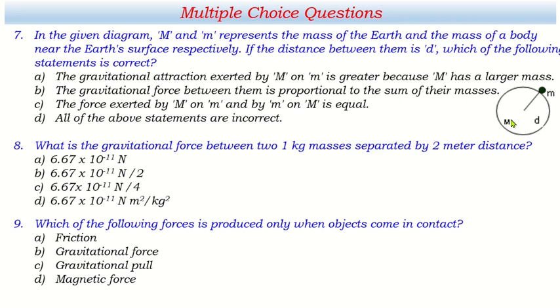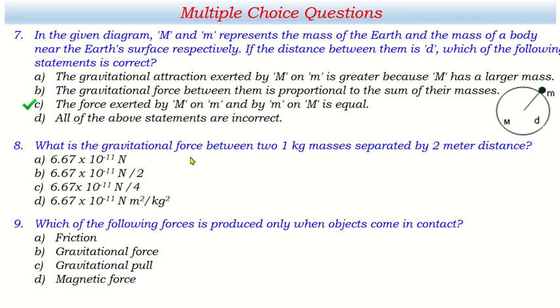Yes. With what force Earth attracts this body towards its center, with the same force the body also attracts the Earth towards its center. This is a mutual force and equal in magnitude, but acts in the opposite direction. That's why this option number C seems to be correct. All of the above statements are incorrect. No, we have to go through option number C.